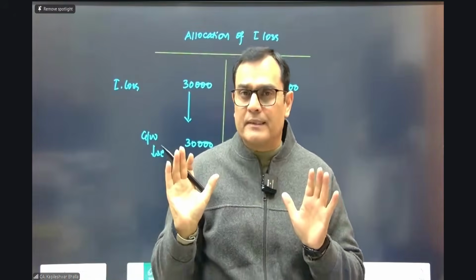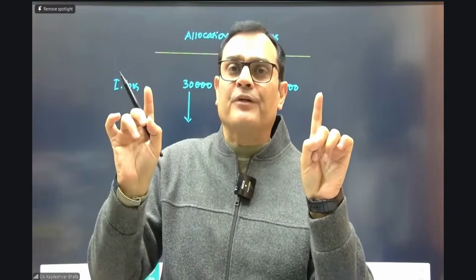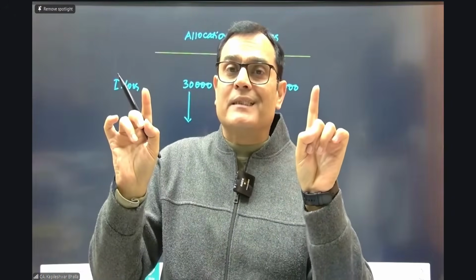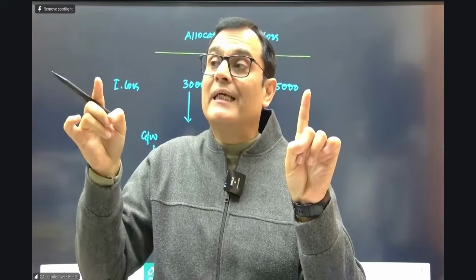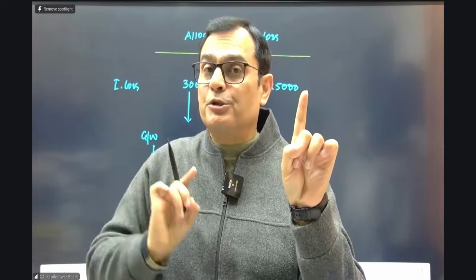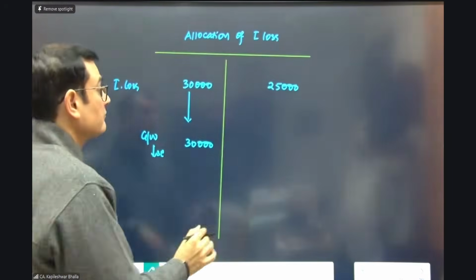So it's as simple as that. You need to compare the impairment loss with the goodwill figure. If the impairment loss is less than goodwill, only goodwill. If the impairment loss is more than goodwill, first the goodwill and then the other assets in the CGU in the book value ratio.